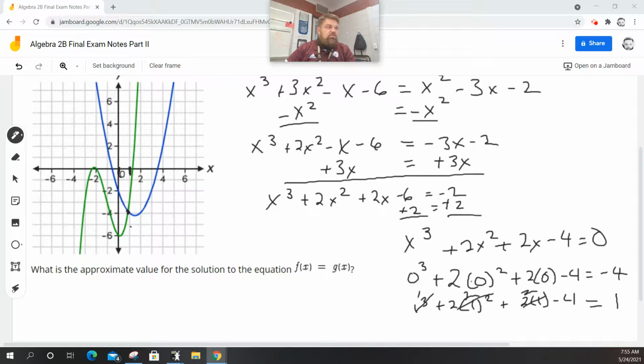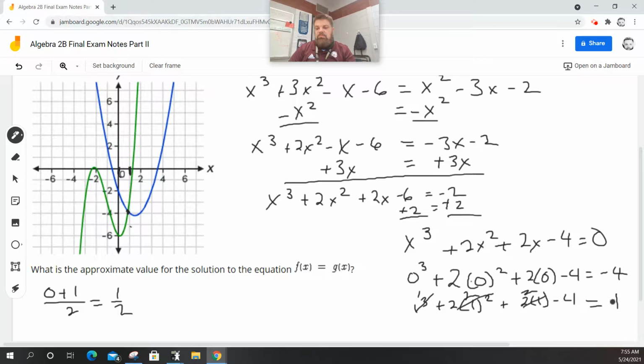I take the average of the upper and lower bounds. So I've got 0 and 1. 0 plus 1 divided by 2 is just 1/2.